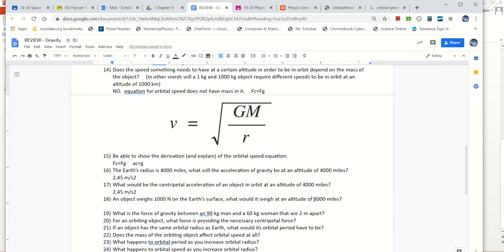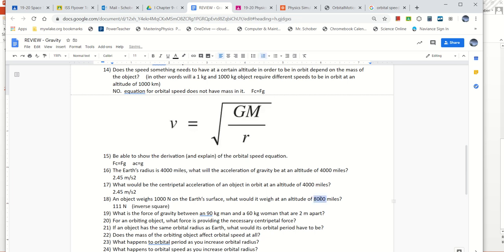So that means we went from being 4,000 miles away from the center of the Earth to 12,000 miles away from the center of the Earth. And that means that we tripled the distance, which means that the force of gravity should be 1/9 as much via the inverse square rule. So 1/9 of 1,000 is about 111 newtons. Again, just apply the inverse square rule there.